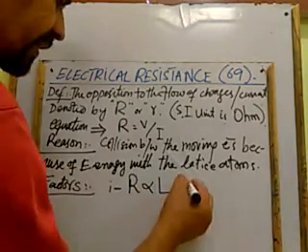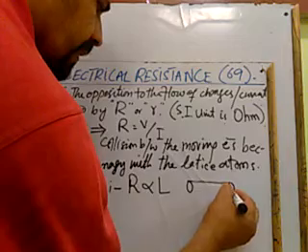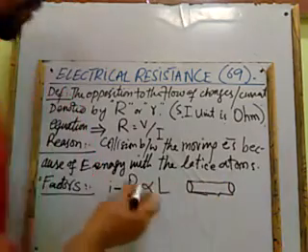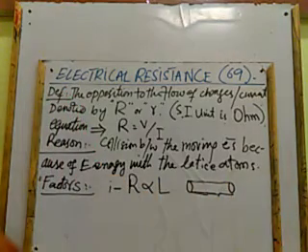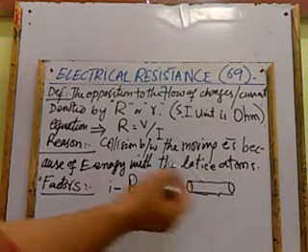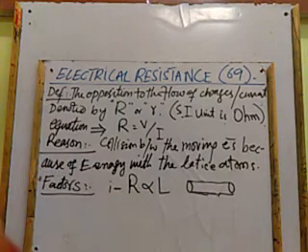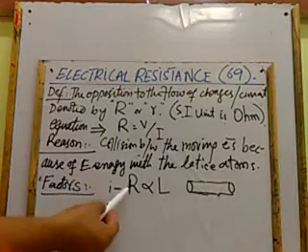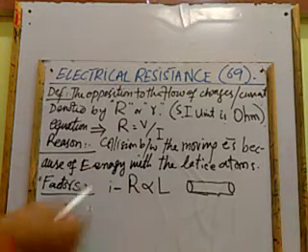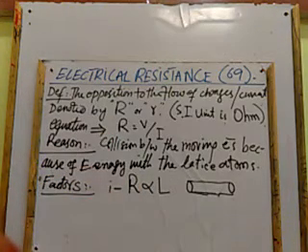If we increase the length of the conductor, we can increase the resistance of the conductor experimentally, because by increasing the length we increase the chances of collision between the moving electrons inside the conductor and the lattice atoms. So the first relation is resistance is directly proportional to length of the conductor.